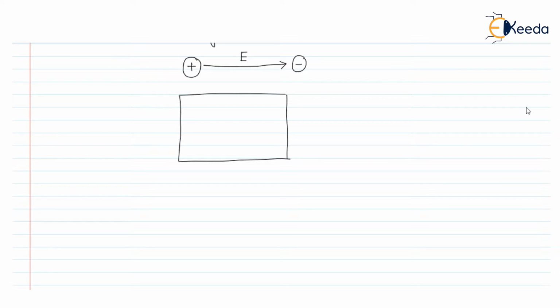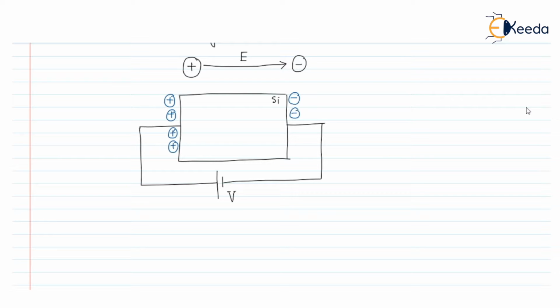Suppose this is a silicon semiconductor material, and we have applied a potential across it, and the voltage is capital V. Due to this applied voltage, this terminal will be positively charged and this terminal negatively charged.